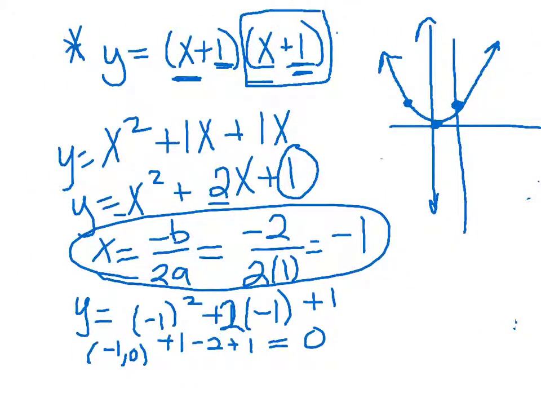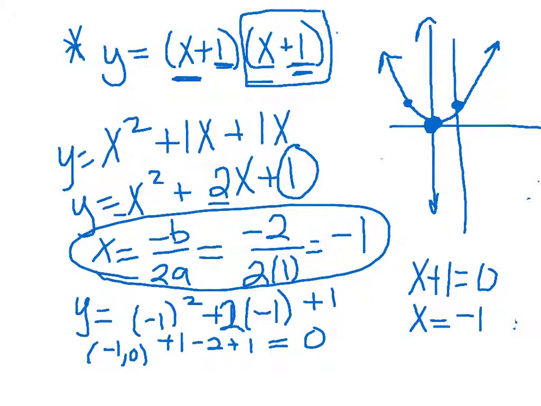Okay. Set each one of those terms as 0, so x plus 1 equals 0. So let's go ahead and solve for x. X equals negative 1. Do you see that's where it touches the x line? That's the x-intercept of these.